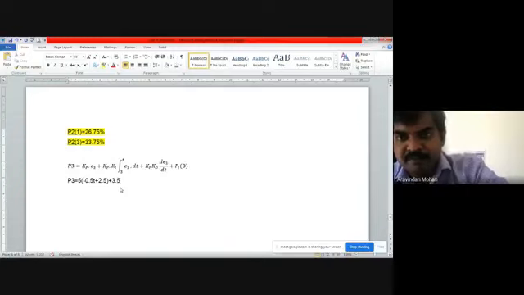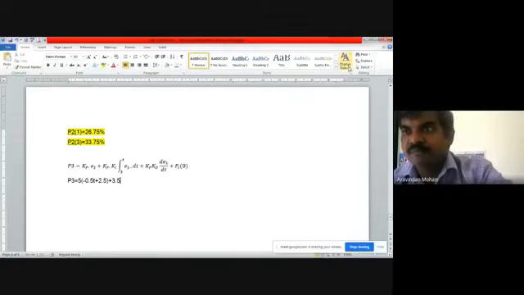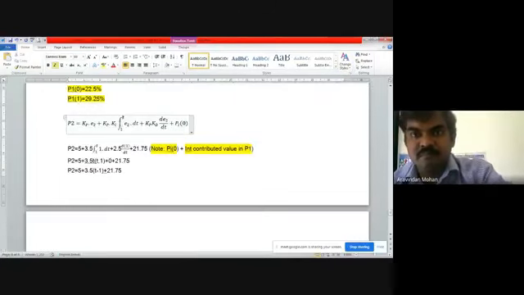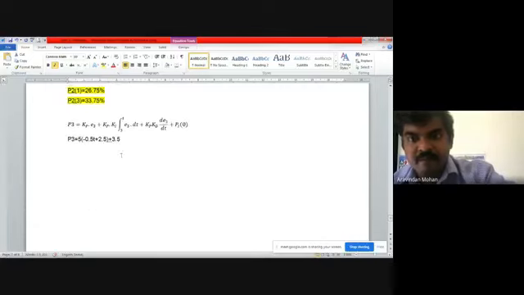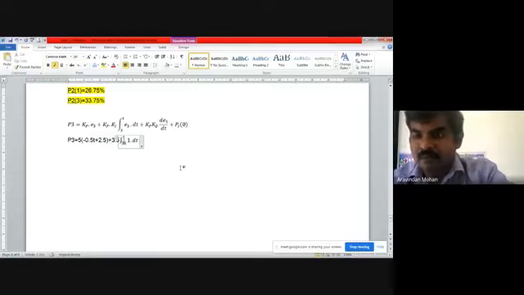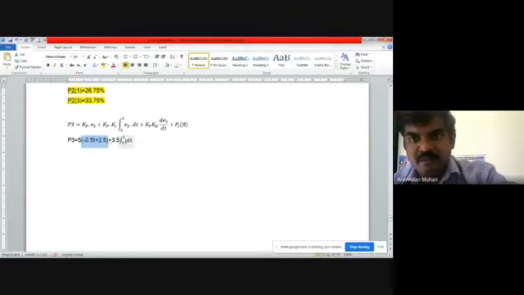So 3.5 integral 3 to t. Here, what is the error value? The error value is equal to minus 0.5 t plus 2.5. I'm just copying it and pasting it here.